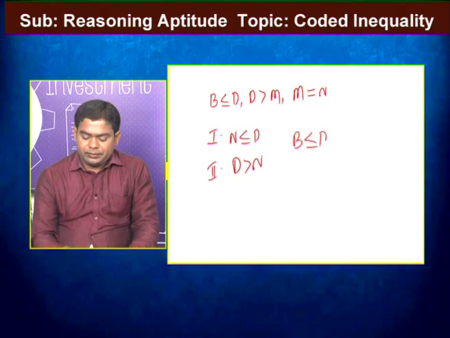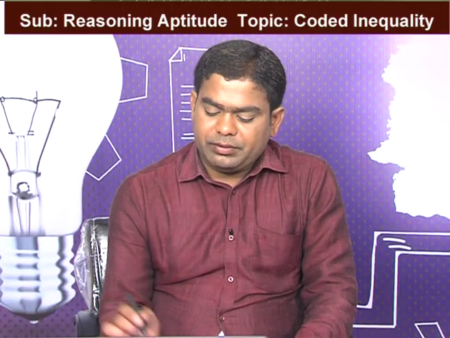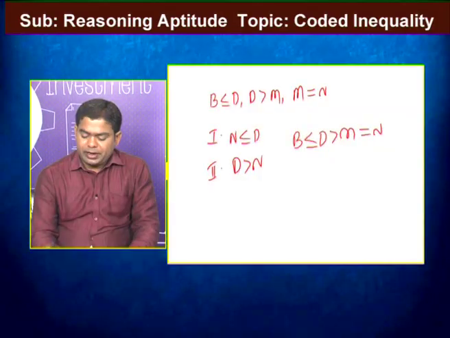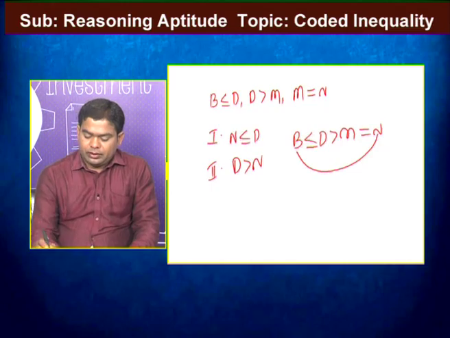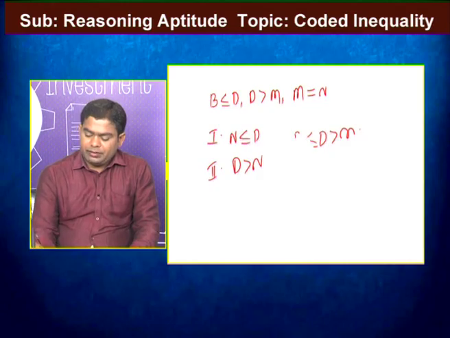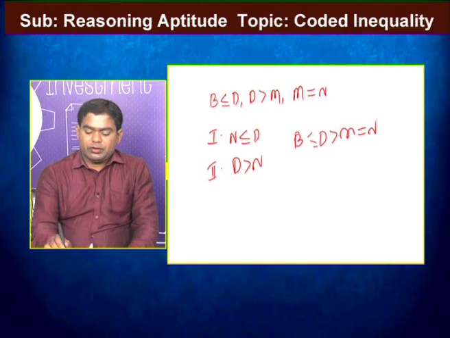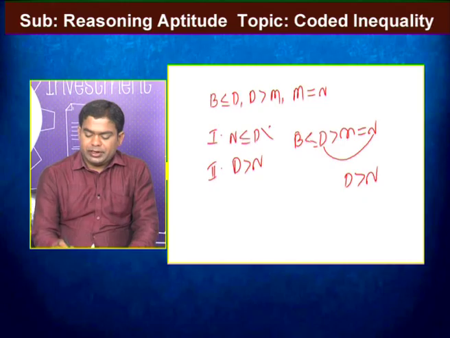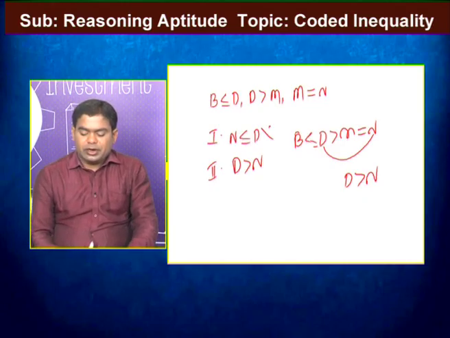So here the combined statement is B less than or equal to D greater than M equal to N. So indirectly we verify the relation between N and D, or D and N. So here we get D greater than N, that means conclusion 1 does not follow. Here the arrows are toward the D side, here also the D side, but the extra is the equal symbol, that means both are different, that means conclusion 1 does not follow. So by observation, D greater than and D greater than are both equivalent, that means conclusion 2 follows.